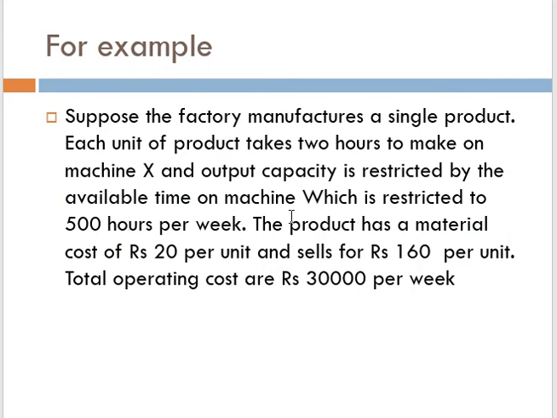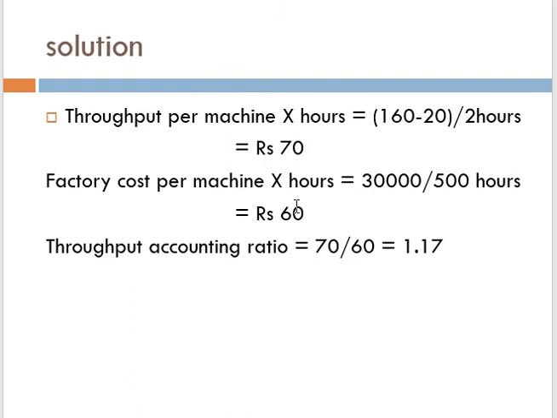It is the available time, which is restricted to 500 hours per week. So total factory expenses, or operating expenses, of 30,000 divided by the bottleneck of 500 hours gives rupees 60 factory cost per machine X hour.